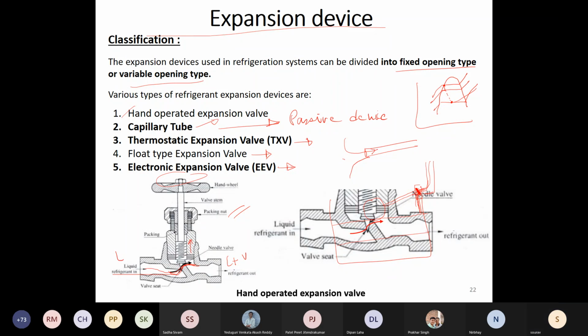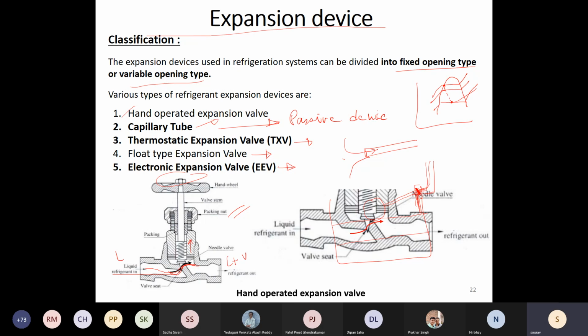But then what is very critical about the expansion valve is not only should it provide you the desired pressure drop, but it should also provide you the required mass flow rate at that particular condition. Your refrigerant is flowing into the compressor at a particular rate, and the discharge rate is also the same.